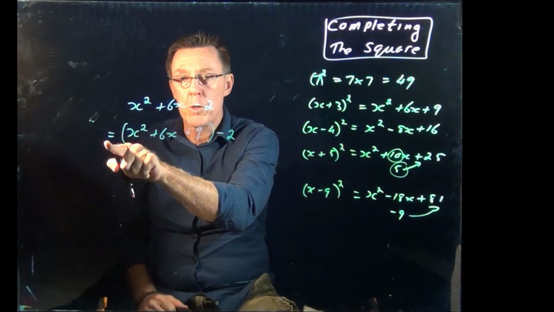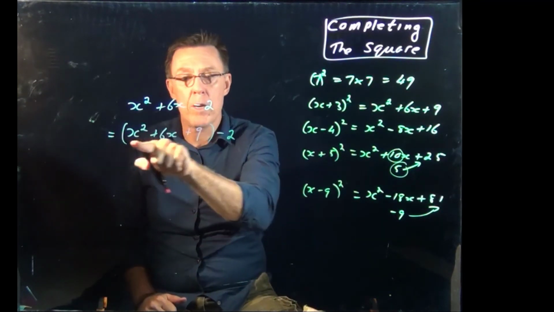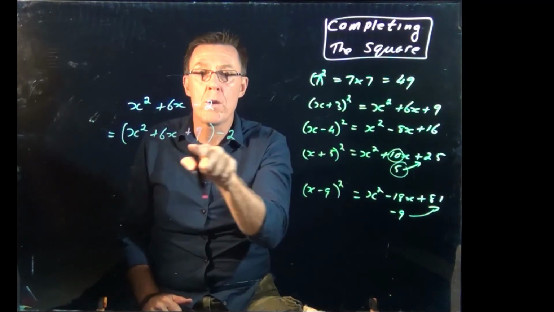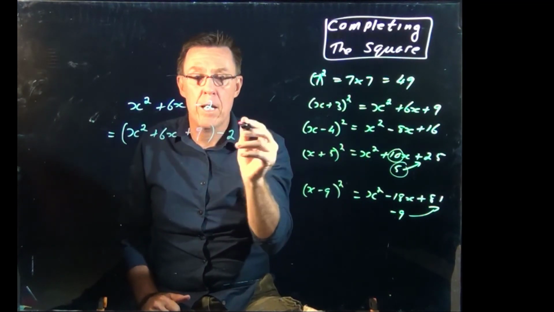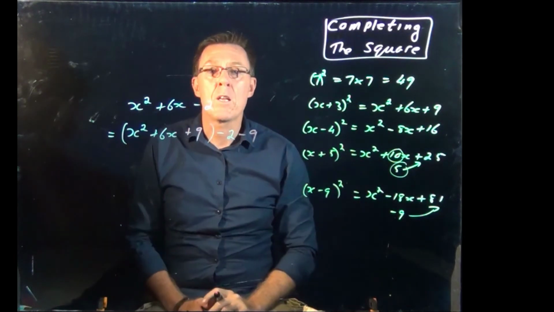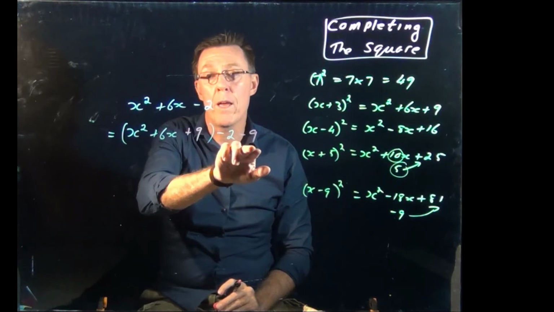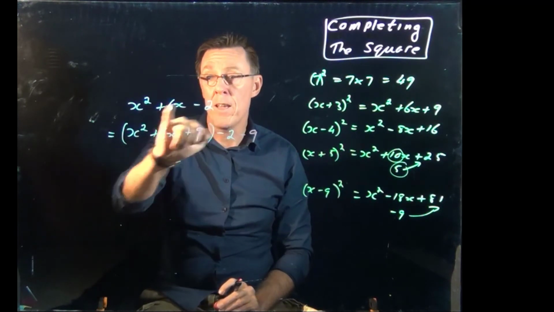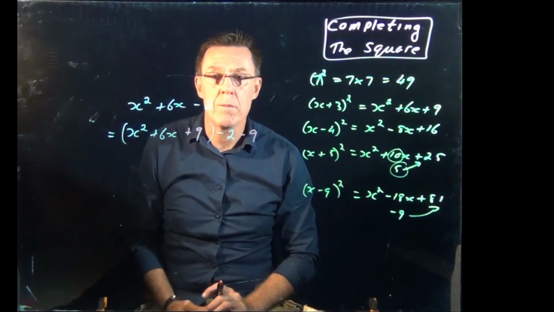I have a problem with the equal sign though, because this line up here is now not exactly the same value as this line down here. This line down here is now 9 units too big. So I fix it up by taking 9 units off. Add something in here, take something away out there to be able to balance it. Now, the line above and the line below are exactly the same value.